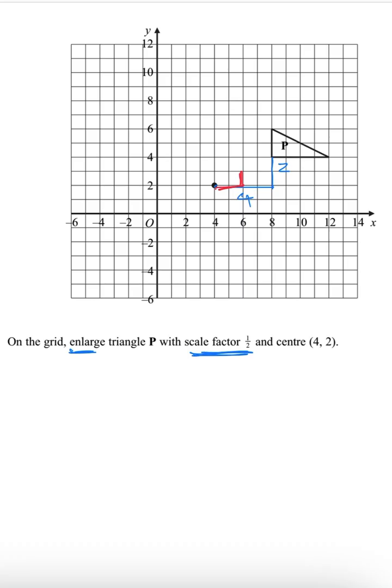Now we consider our scale factor. So let's have a look at this. That's 1, 2, 3, 4. So half of 4 is 2. Change color again. So 2. And then 2 up, half of 2 is 1. 1. Then join these lines.